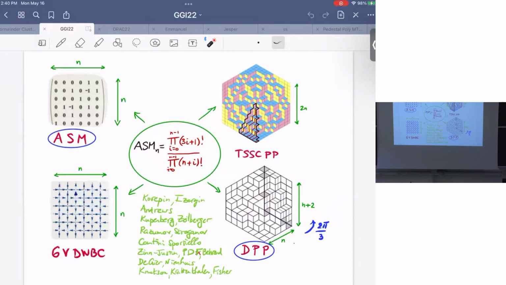And so a descending plane partition is in bijection with rhombus tilings of this object in such a way that there's a 2π/3 rotational symmetry. Okay, so you tile an object with a hole and you impose a symmetry, right? Okay, and then the number, forgot the number, but the number you can compute in various ways and identify it. So the great thing is that you have a number, but the sorry thing is that you don't have bijections, right? They're all counted by the same number, but there's no bijection, and it's still open.